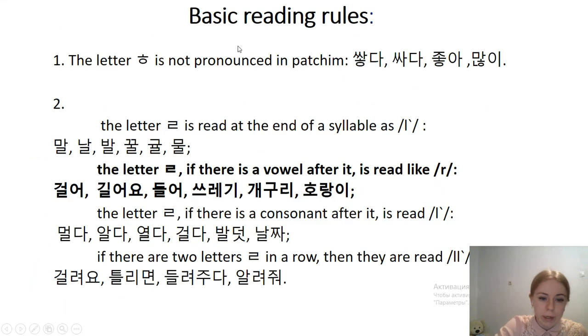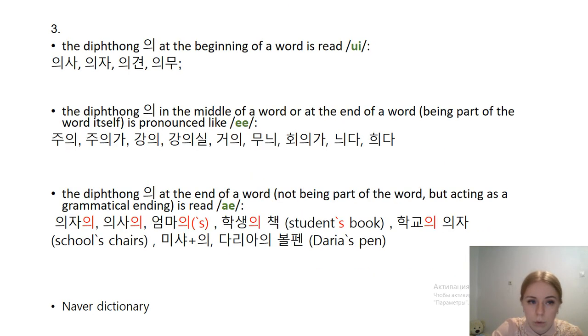If you remember here, 받, I've told you that in this case we don't read it like s. Even though it's a letter s, we read it like t. Why? Because it's the end of a syllable and we read it like t. Why?